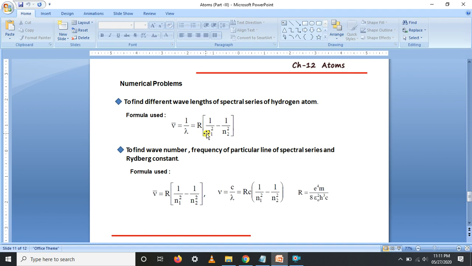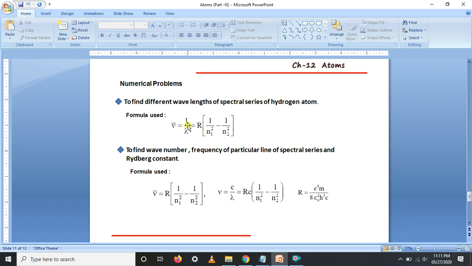For the Paschen series, it is 3. For the Brackett series, it is 4. And for the Pfund series, it is 5. Depending on the series given in the numerical problem, and the n2 value also mentioned in that problem, you should see properly and put it in this formula directly, and you will get the answer.